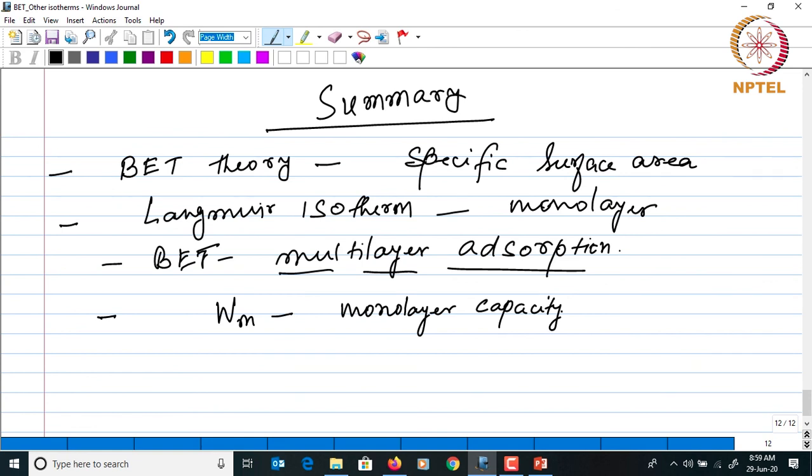And once it is obtained, the specific surface area can be obtained using this particular equation. Okay, this we have already discussed.